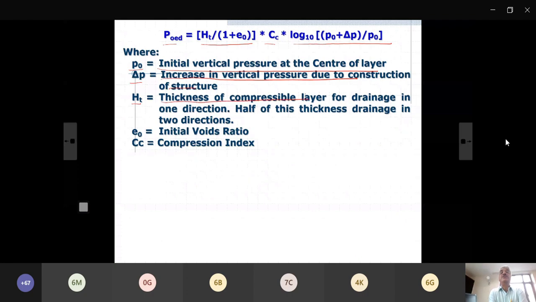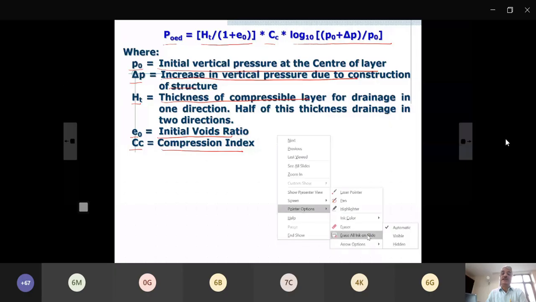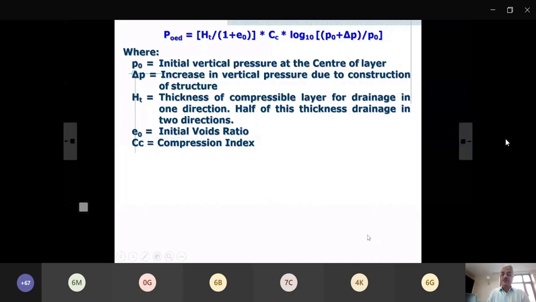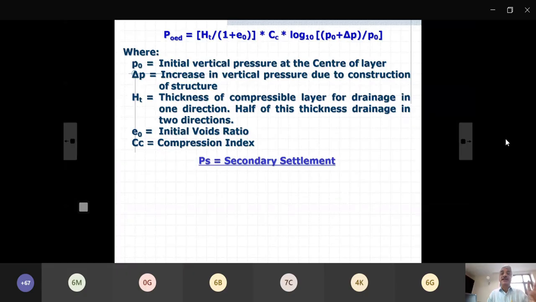Ht is the thickness of that layer, first layer, second layer. Every layer you will calculate this value separately. P oedometric 1, P oedometric 2, 3, like that, whatever layers. e0 is the initial void ratio of that layer, which gets measured as part of your consolidation or oedometer test. And Cc is the compression index, which is again measured in your oedometric test or consolidation test. So like that, you calculate primary consolidation settlement for each layer.